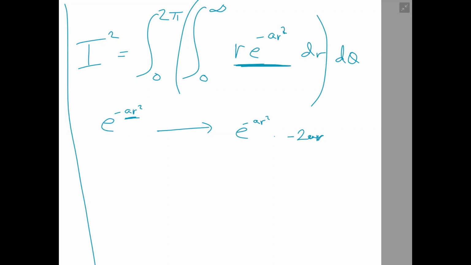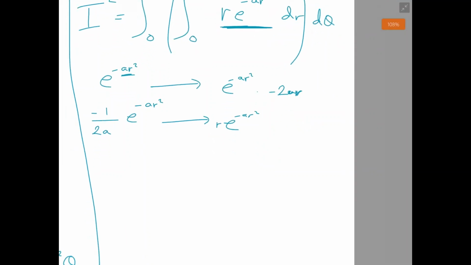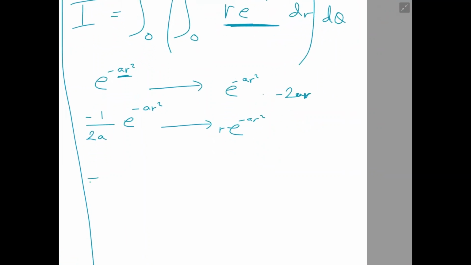So that means minus 1 over 2a times e to the minus a r squared would differentiate to r e to the minus a r squared, which is our integrand. So using that, we can quickly work out the antiderivative of the expression we're integrating.